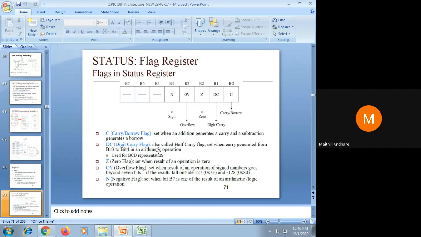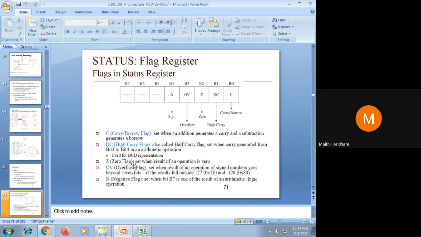That is, when the carry is generated from bit number 3 to bit number 4, this flag gets raised. So these two bits are related to the carry. When the carry is generated from the MSB, that is the simple carry flag. When the carry is generated from the lower nibble, bit number 3 to bit number 4, that is called auxiliary carry, and in PIC microcontroller it is called digital carry.